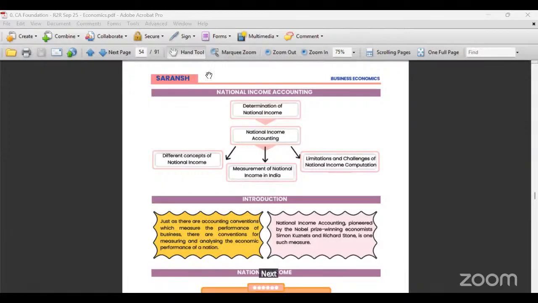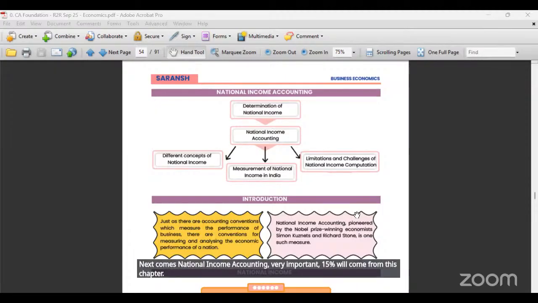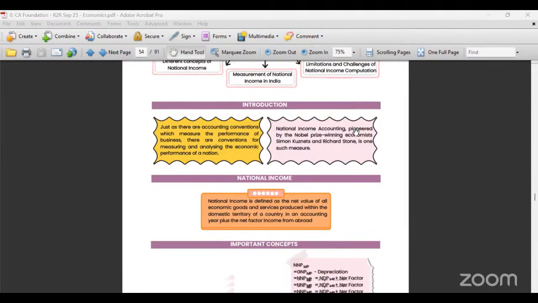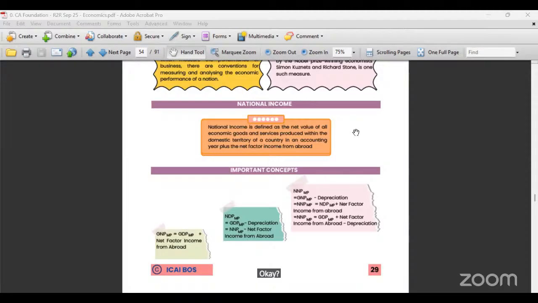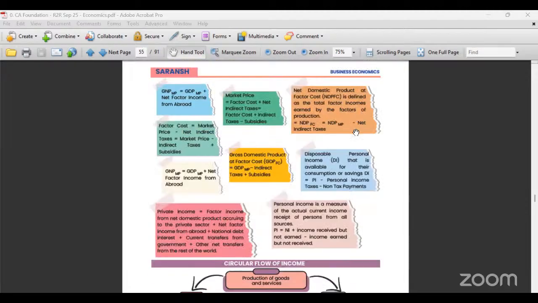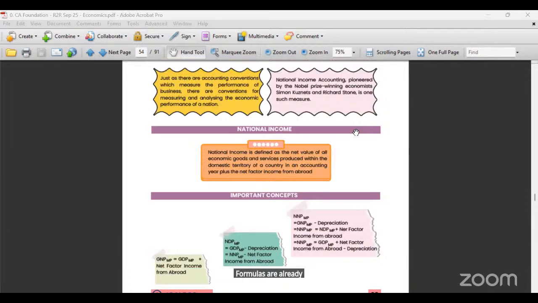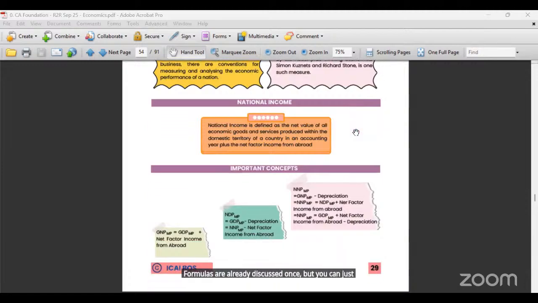Next comes national income accounting. Very important. 15% will come from this chapter. Okay. Formulas are already discussed once, but you can just go through it.